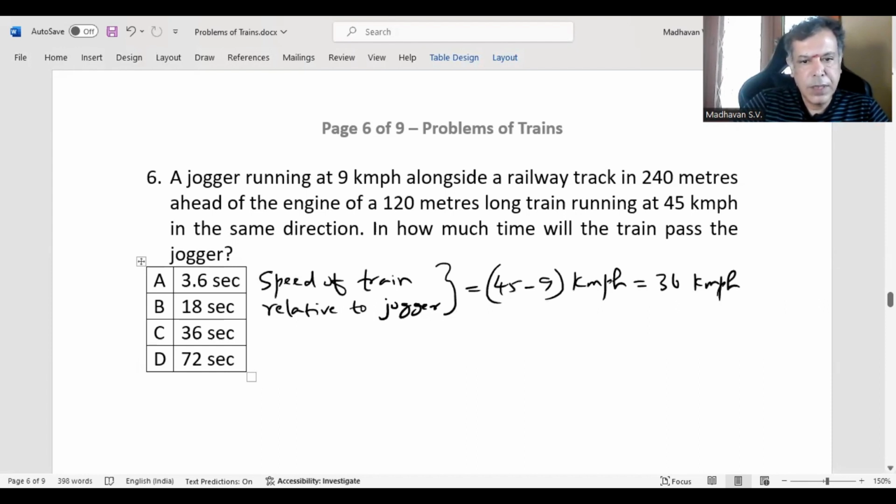So now, since the options are given in seconds, we'll convert this into meters per second. 36 into 5 by 18 will give us 10 meters per second.